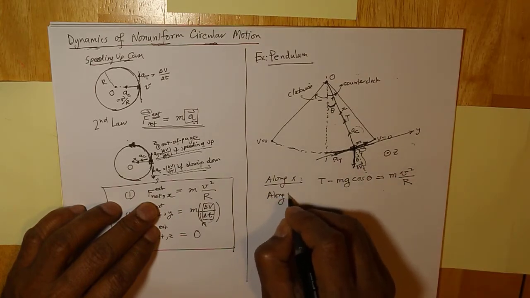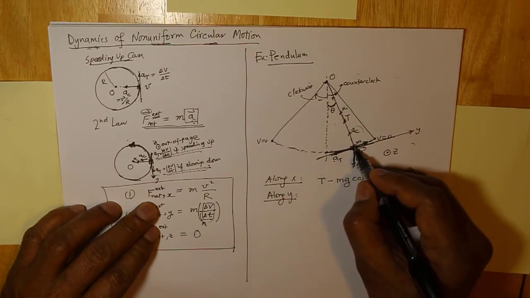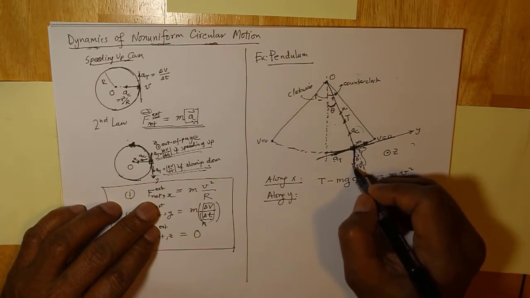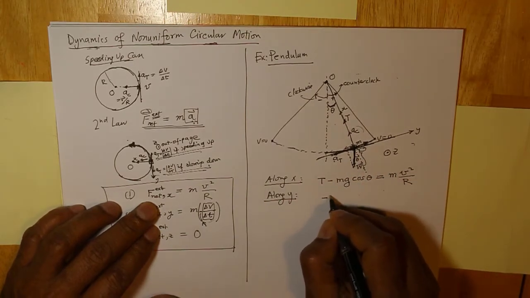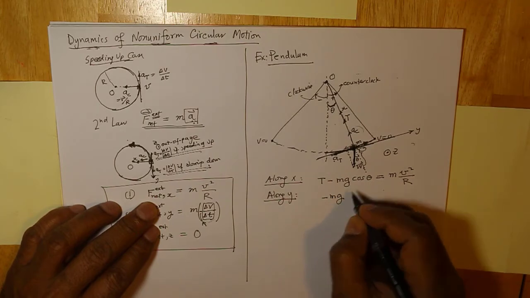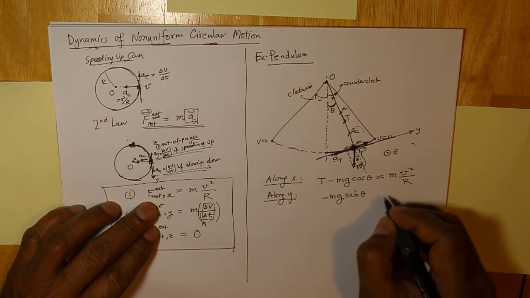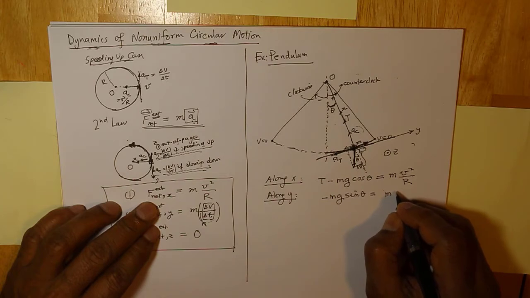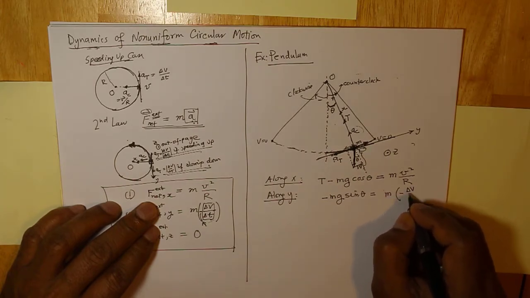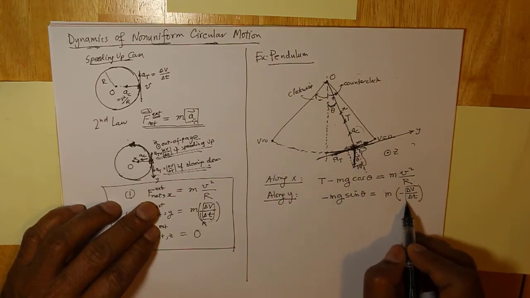Along y, T has no component along that direction. If I project the weight, the y is negative, so minus mg sine theta equals, and a sub T is going to be m times minus delta v over delta t, how the speed is slowing down. So this is negative.